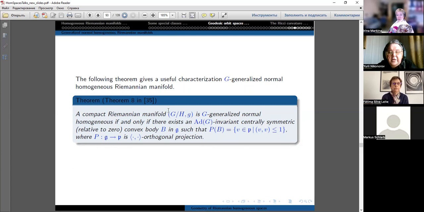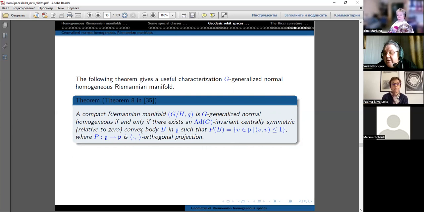A compact Riemannian manifold G mod H is generalized normal homogeneous if and only if there exists a G-invariant, centrally symmetric relative to zero convex body B in the Lie algebra of G such that the orthogonal projection of this body to P is exactly the ball of radius 1.